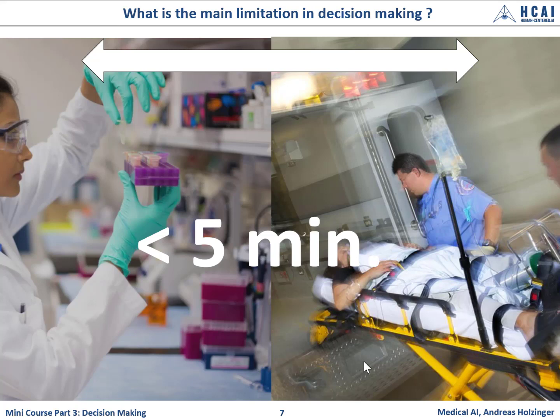According to the famous Gigerenzer study, how much time does an average doctor have to make a decision? It is less than 5 minutes. Of course, it depends on the area. In emergency, it can be even less time, and in the laboratory or at the bench, it can be more time, but also not unlimited.